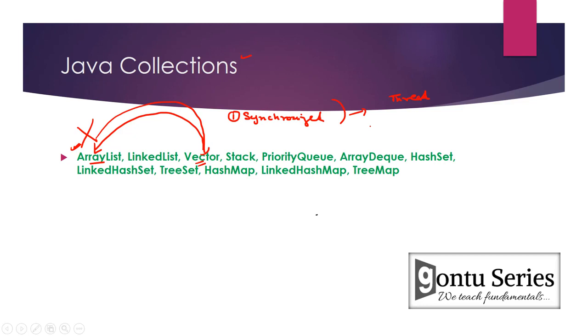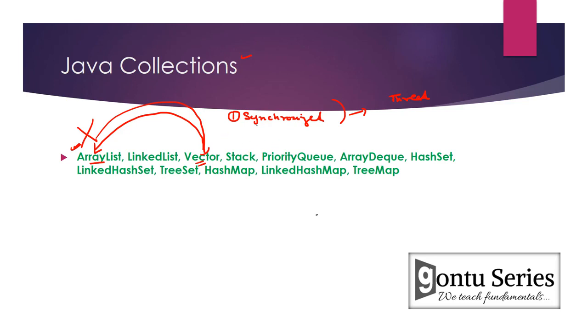Right after the Java collections framework, you're going to learn the Java threading framework. There you're going to learn everything about this synchronized word. For now, what you have to understand is that an array list and a vector both work in the same way, except that a vector is synchronized and an array list is not.